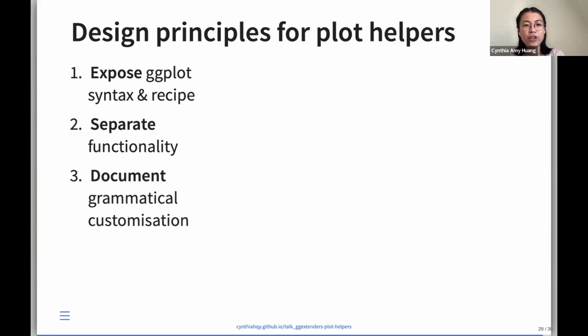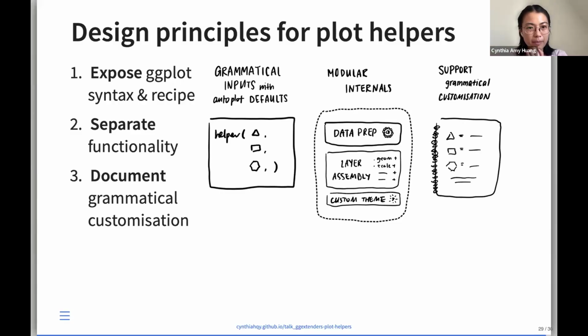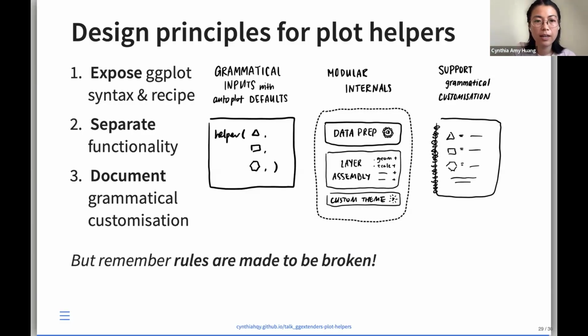And then document customization in a way that adheres to ggplot grammar. So the helper uses grammatical inputs, you have modular internals, and then you document things to give the mapping to the domain context, so calendars or whatever else you might have in mind.